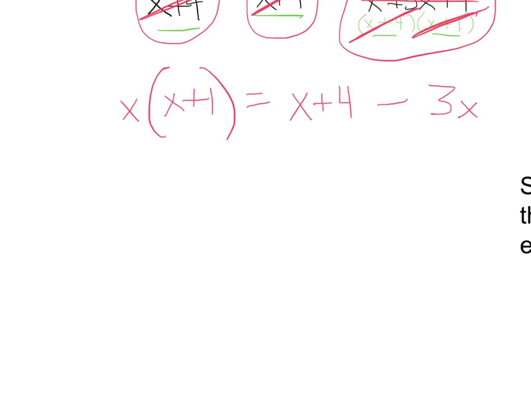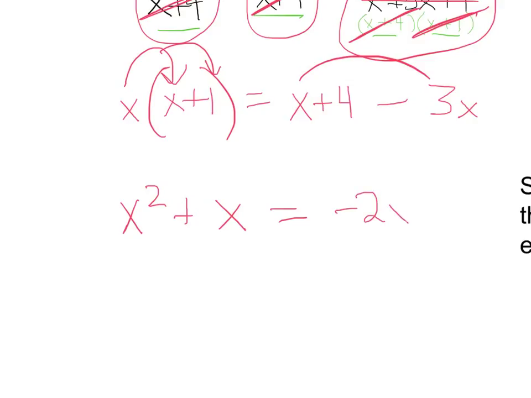Okay, so now we just do what we would typically do, distribute. So we've got x squared plus x, or 1x, equals, on the other side, we've got some like terms we can put together. x and negative 3x is negative 2x plus 4. And at this point, we've got a quadratic equation.